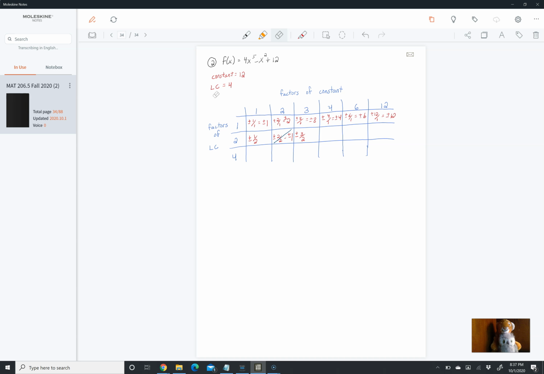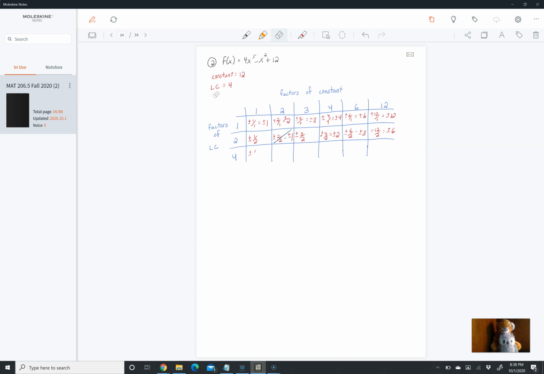Doesn't simplify. Plus or minus 4 over 2, that's the same thing as plus or minus 2. Okay, we'll cross out afterwards any repeats. Then we have plus or minus 6 over 2. Again, this is repetitive. Plus or minus 3. That's also going to wind up getting crossed out. We have plus or minus 12 over 2, which is plus or minus 6, also repetitive.